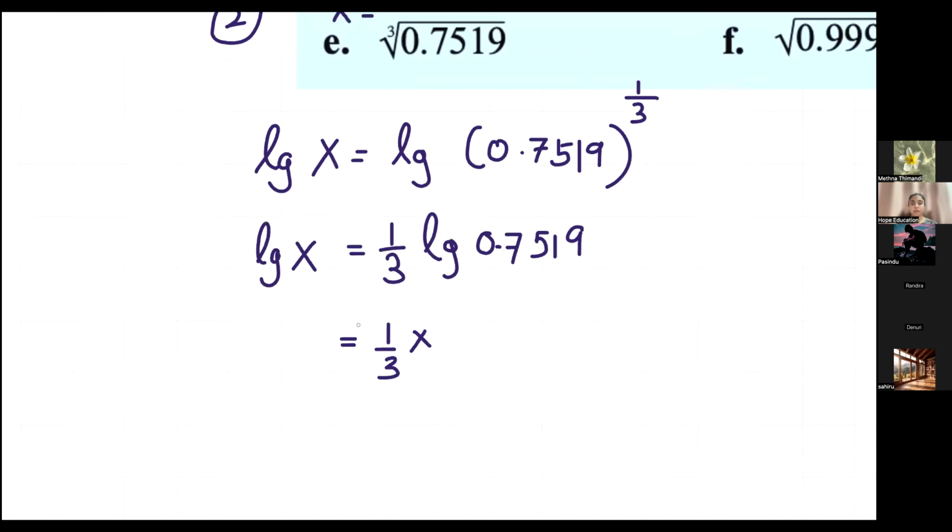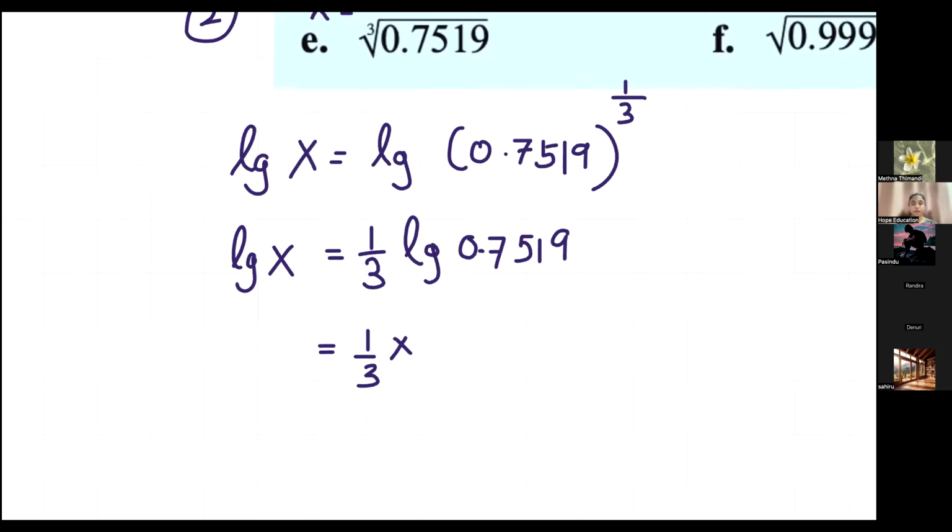Can you check the log value of 0.7519 quickly? Yes, quickly tell me the log values you all got.